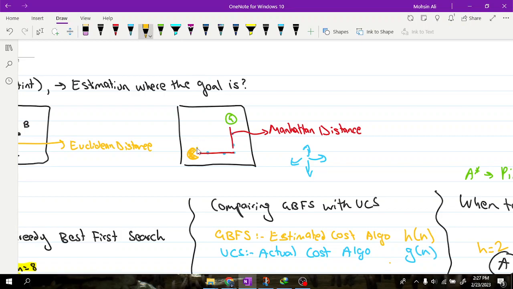So I cannot move the Pac-Man something like this. This is not allowed. So the only way the Pac-Man can move is by moving sideways or upwards, which means it would be better to use Manhattan distance instead of Euclidean distance.